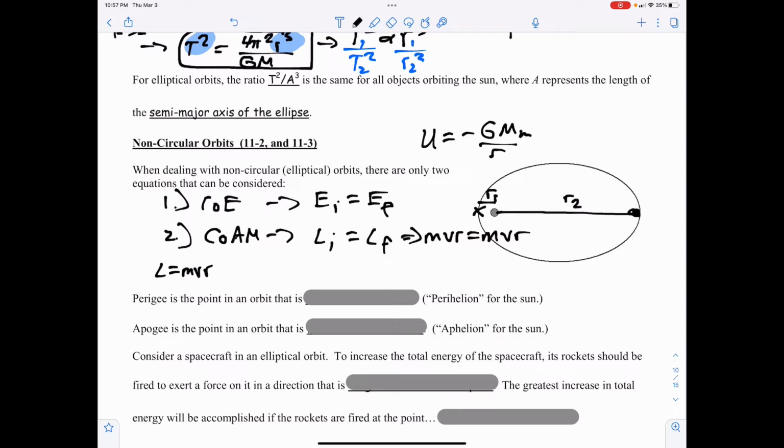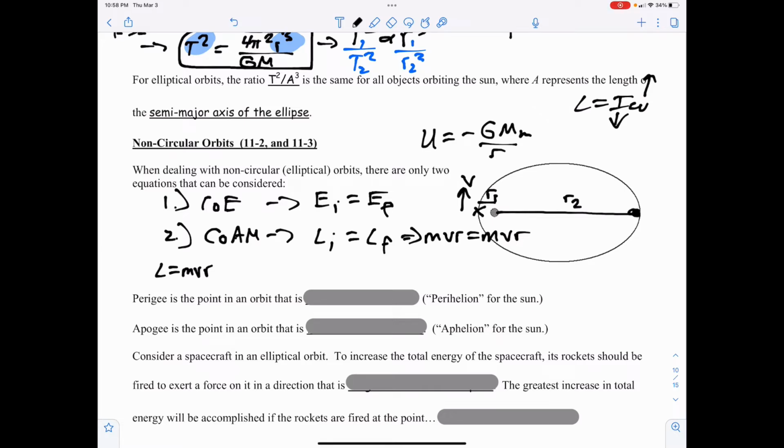Just like a figure skater who brings his or her arms in close to the body, if the rotational inertia or mass distribution gets smaller, the rotational velocity increases. That's no different here. Smaller radius, tangential velocity is much faster.